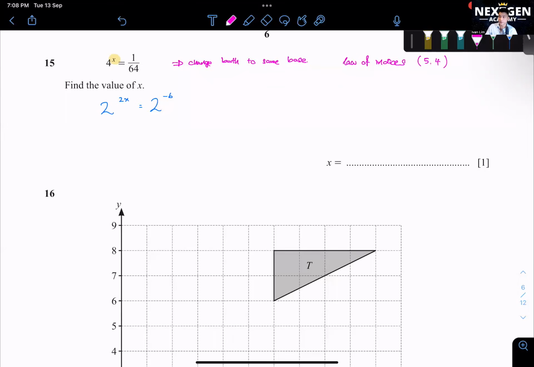In fact, your year 7, 8, 9 you all should have learned already. I teach my year 9 this same exact thing also. Then we compare the power. 2x equals to -6, x equals to -6 over 2, -3. This is actually just a 1 mark question. Or you can just keep try and error until you get it.